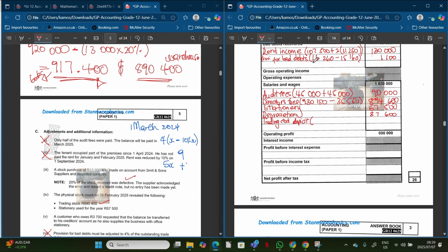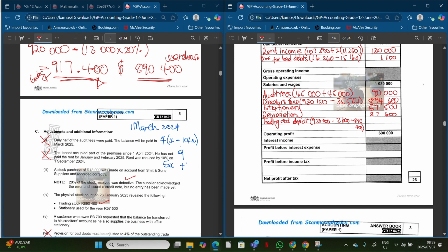So in the trading stock deficit, what do we do? We're gonna say 920,000. Then we have to subtract the 13,000 times 20%. So 13,000 times 20 percent, and there we get minus 2,600. Then we're going to subtract 890,400.